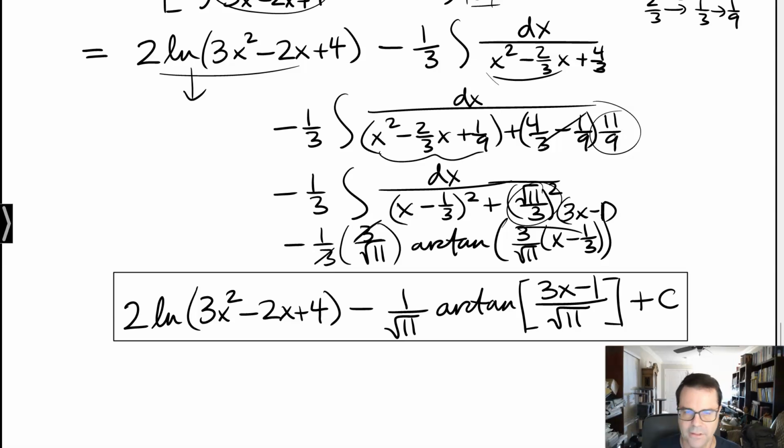Now, what if it's squared or cubed? Hopefully your teacher's not a masochist or sadist. But if you have that, you just do the same kind of thing. It's not going to be a natural log here, but you're manufacturing the u substitution so that you get u to the -2 or u to the -3 or whatever it happens to be.